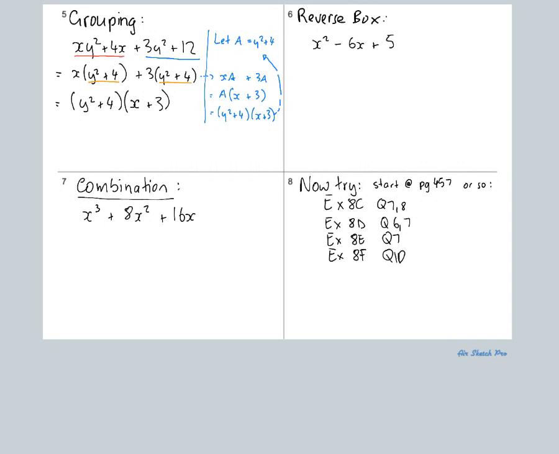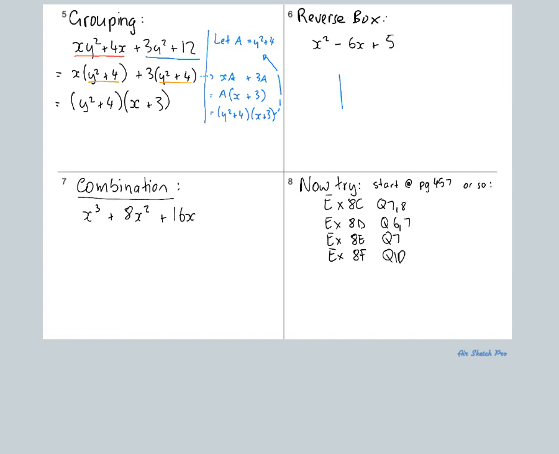Now, if you have a look here, with the box method, if I've multiplied two binomials together, I put the parts of the binomial along the edges of my box, and then I fill in the box. So what we're going to do is start with the box and fill in the edges. Reverse box, right? Start with the box, fill in the edges.